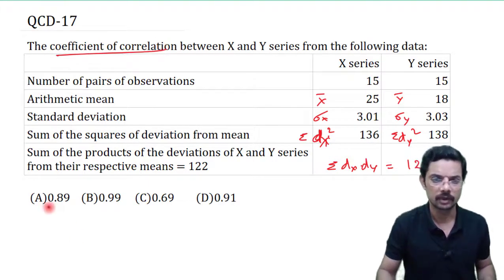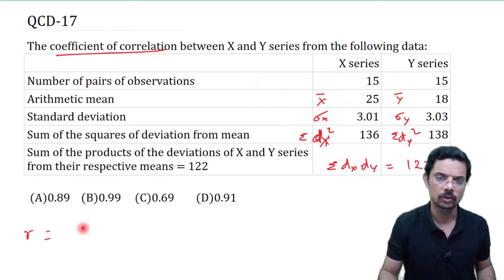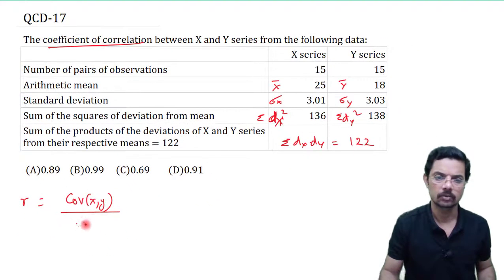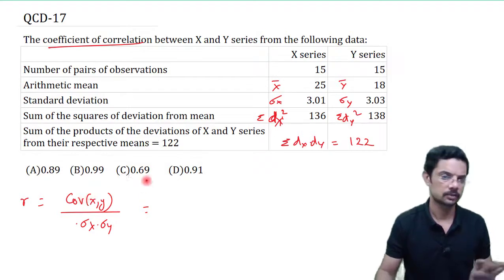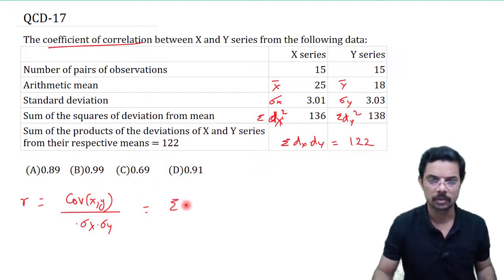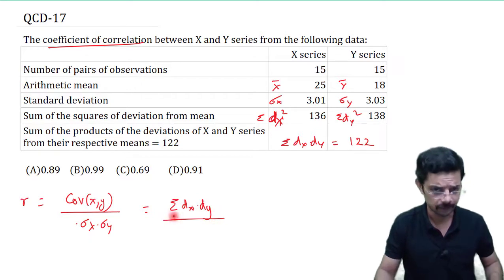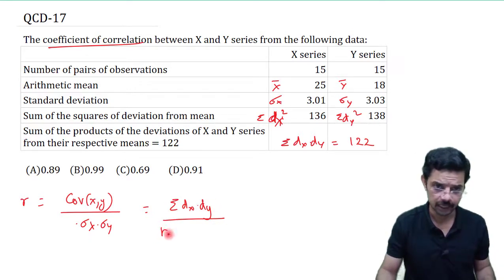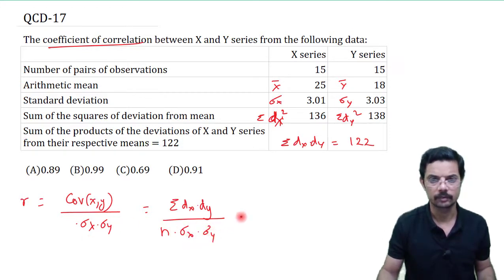Very simple, we have the formula: r is equal to covariance of x comma y divided by sigma x into sigma y, correct? Covariance of xy can be defined as sigma dx into dy divided by n. Now what we have here is sigma x into sigma y.